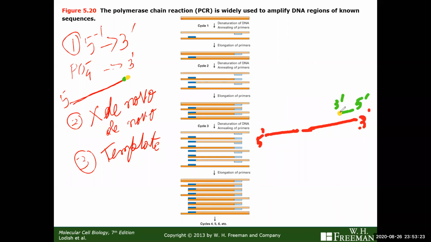Then the polymerase will add the second base to it. Then the polymerase will add the third base to it, and so on and so forth. Eventually, this strand will be elongated and it will end here, and you will make an antiparallel double-stranded DNA.